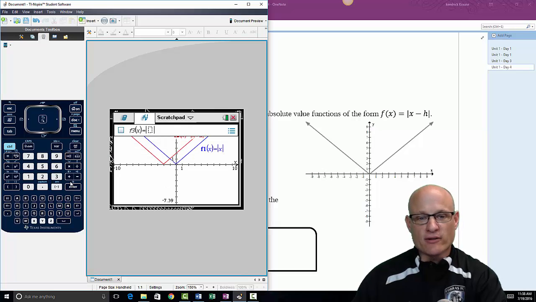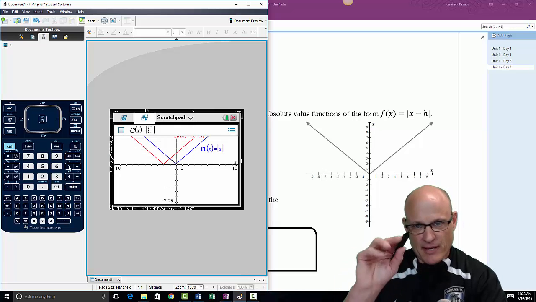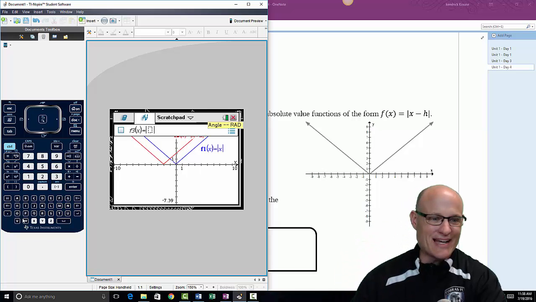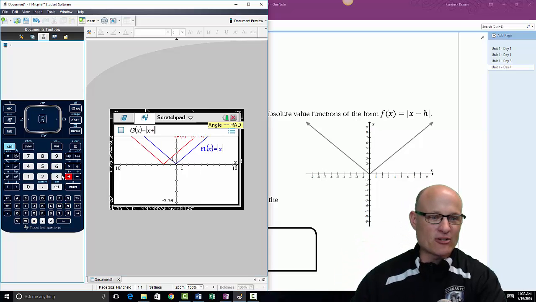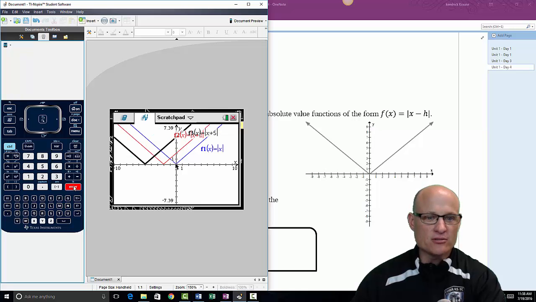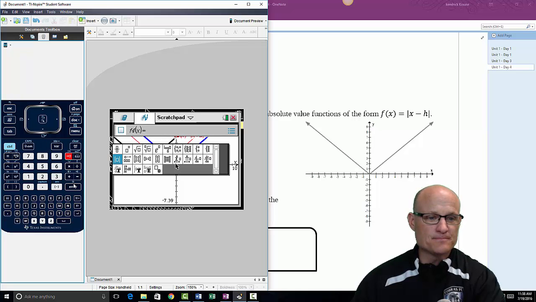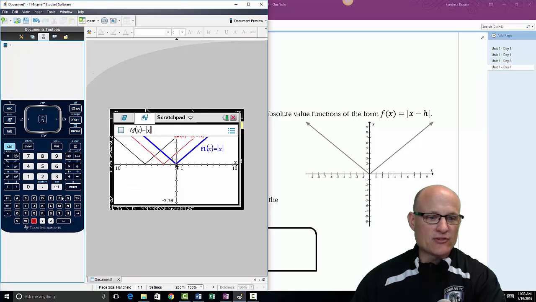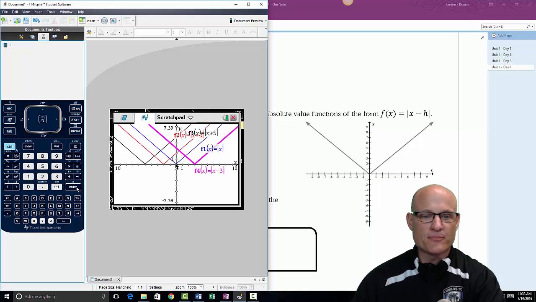If you're wondering, I'm using my pen instead of a mouse. It just doesn't work quite as nicely as the mouse. I'll undo, x plus 5. Oh, it moved to the left 5. All right, let's see what happens when I do x minus 3. Make sure you put minus 3, not times 3.